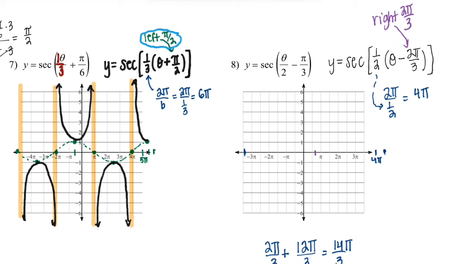Now secant starts at its maximum. Actually, it comes from the cosine graph that starts at its maximum. And then halfway between the period, it's going to be at its minimum. So halfway between the period is probably going to be right about here.